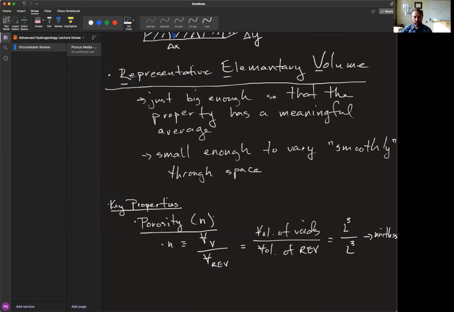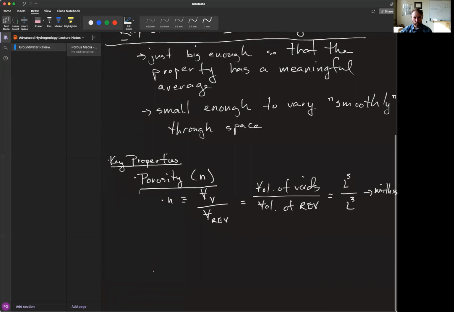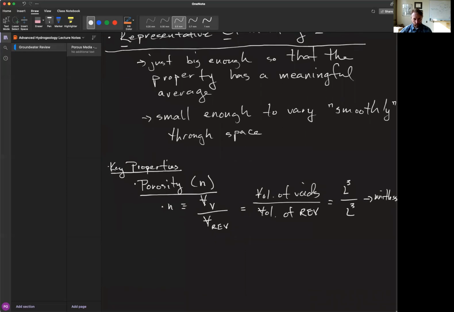Some important relations here with porosity. Well, if I'm interested in the volume of voids, I can rearrange my equation and say the total volume of voids is the porosity times my volume of REV.